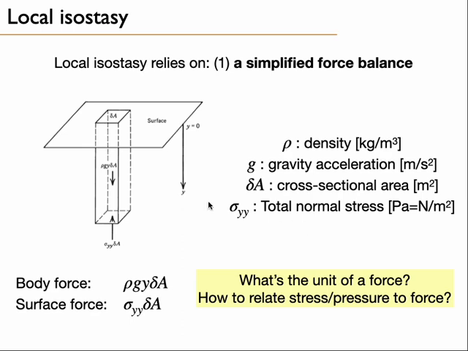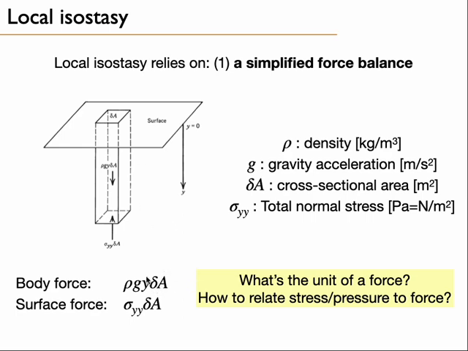So let's introduce two forces. We have one body force, which is basically caused by gravitational acceleration, and this can be computed as rho g times y, the thickness or the depth extent of our object, times delta A, the section.